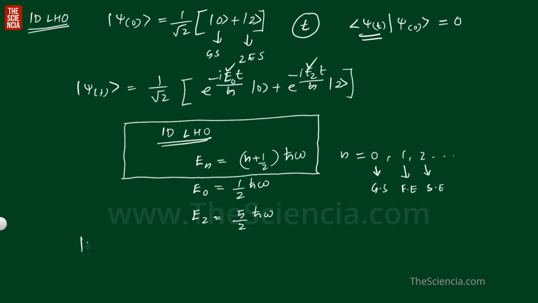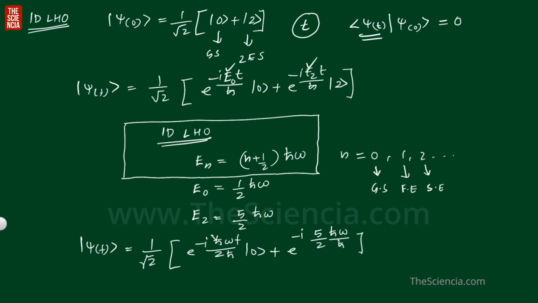So we get ket psi of t is equal to 1 by root 2 into e raised to minus i into E0, that is half h cross omega, that is h cross omega t by 2 h cross, ket 0, plus second term, that is e raised to minus i E2, which is 5 by 2 h cross omega by h cross.